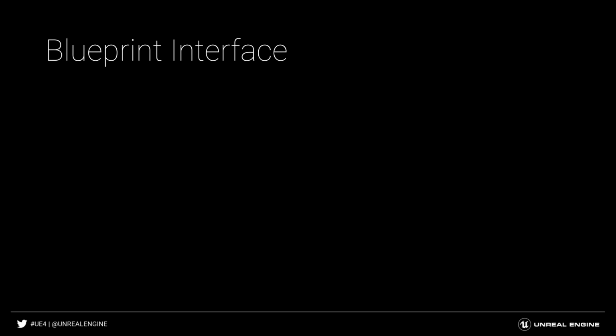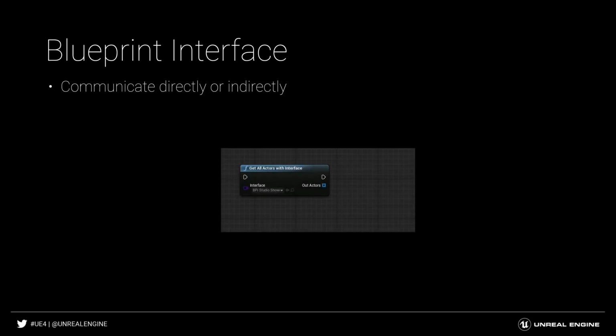Let's talk briefly about blueprint interfaces and how we will use them versus, for example, how they are used in the VR template inside of Unreal Engine. We will use them to directly call a function in the blueprints that are implementing them or listening for them. If I have 15 blueprints which are all implementing the same interface, and I use the node getAllActors with interface and call a function using a for each loop, all of them will perform that function, assuming they're using it.